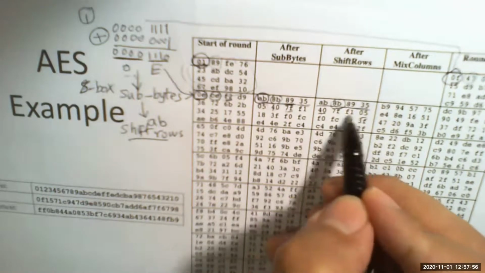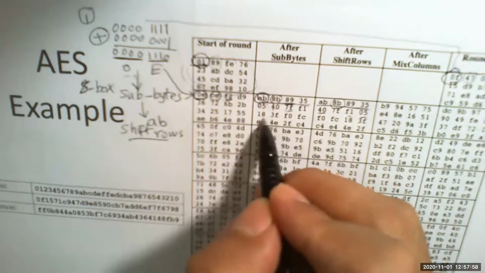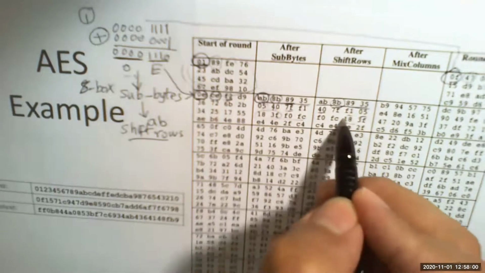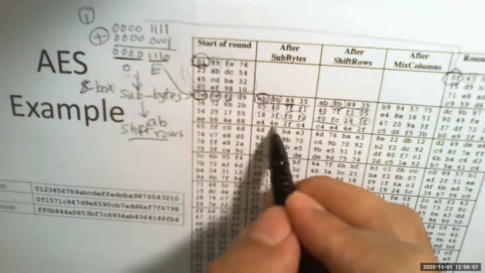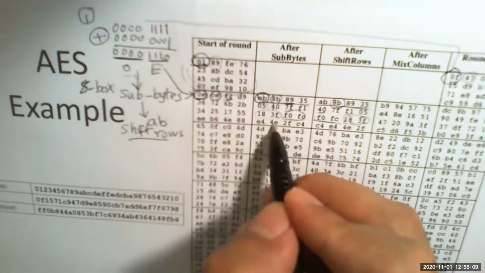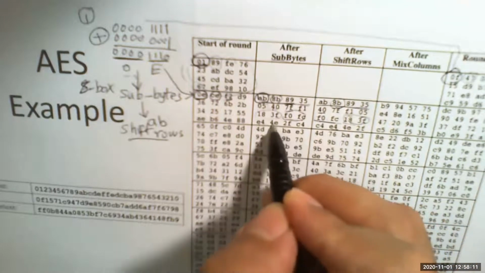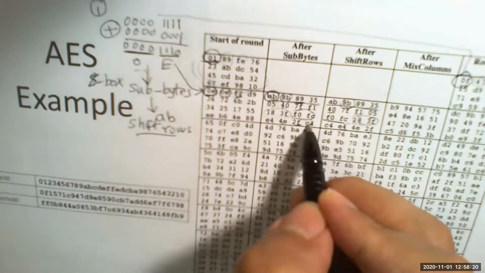You can continue the same operation here. In the third row, these two are moved to the right and these two are moved to the left. In the last row, right shift, E4 is moved to this place, 4E is moved to this place, 2F is moved to this place, and the C4, which is this one, is moved to the beginning.